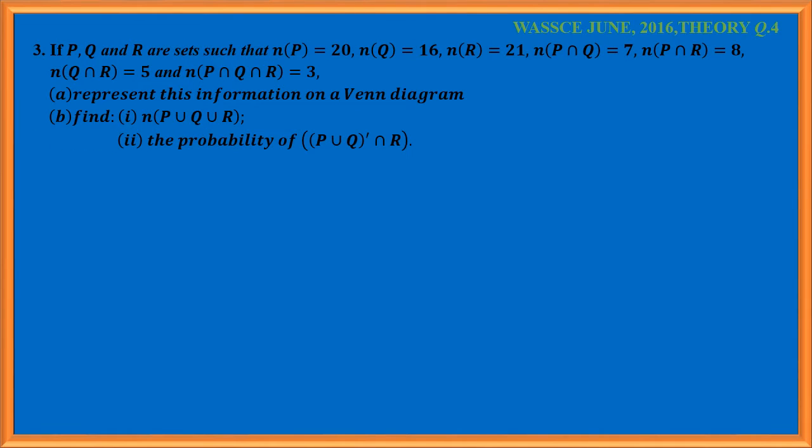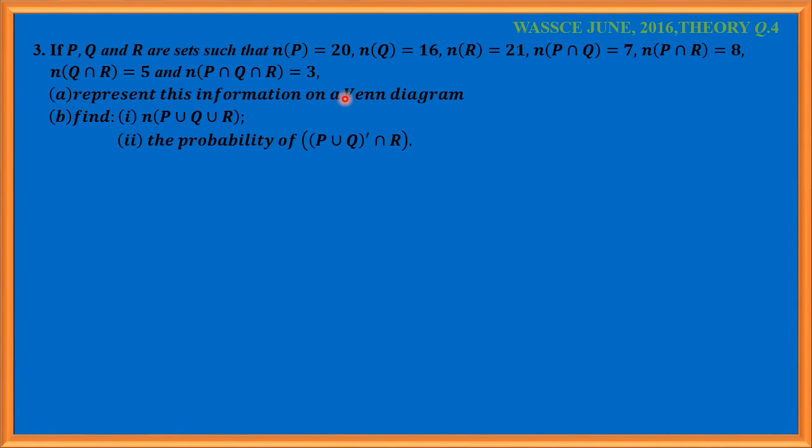If P, Q, and R are sets such that number of P is 20, number of Q is 16, number of R is 21, number of P intersection Q is 7, number of P intersection R is 8, number of Q intersection R is 5, and number of P intersection Q intersection R is 3.